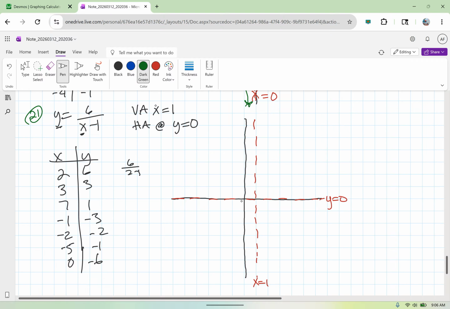And we have points at 2, 6, 3, 3, and 7, 1, 6, 7. So there's our curve for this one.